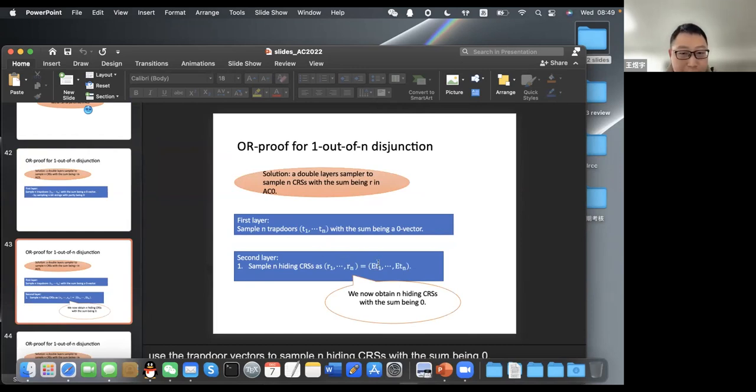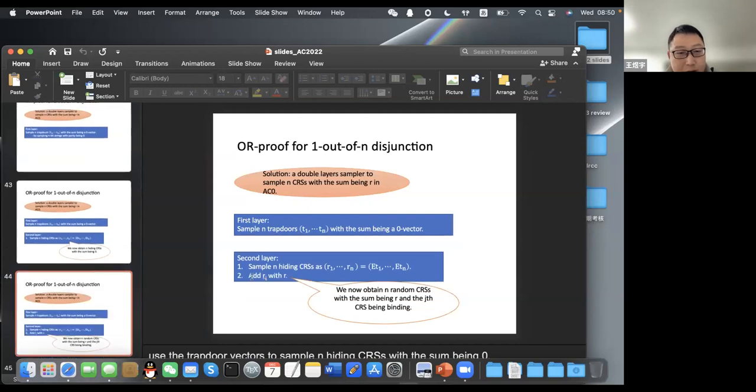And in this step, we just compute ET1 to ETn. And since E is sparse, the multiplication can be performed in AC0. And we will also add the J statement with R, which is the original CRS. And this step is also in AC0 since we just make an addition. So all of the steps can be done in AC0.